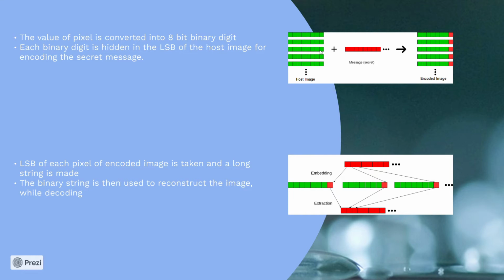Now to hide the image inside the host image, we take one LSB from the secret message or the hiding image, and then we replace it with the LSB of the host image. As you can see in this diagram, we take the first bit of the hiding image and replace it with the last bit of the host image, and then we take the second bit and replace it with the last bit of another pixel, and then we repeat the whole process.